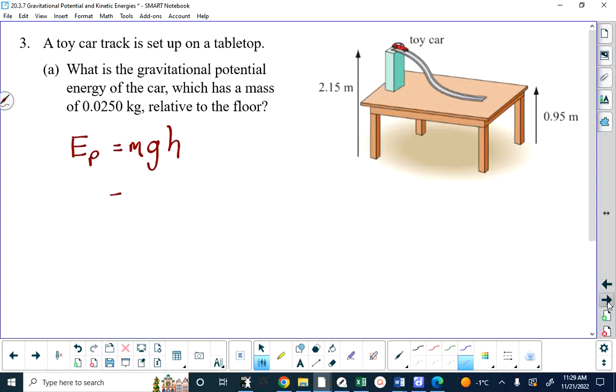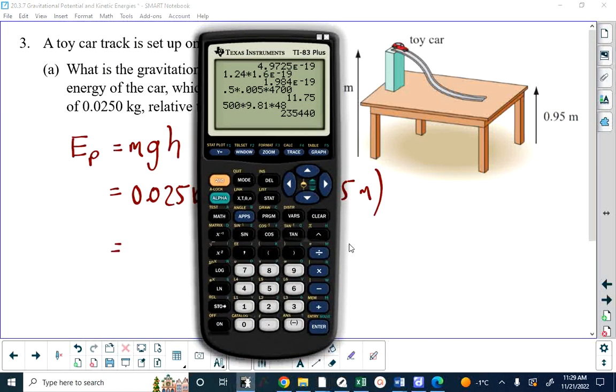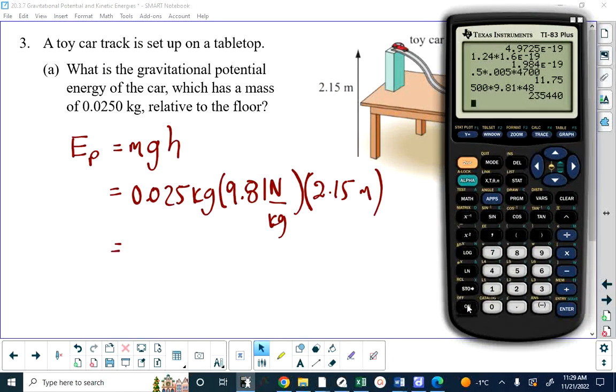Let's see, the mass is 0.025 kilograms. g is 9.81 newtons per kilogram. h is 2.15 meters. So I get about 0.53 joules. You as well?